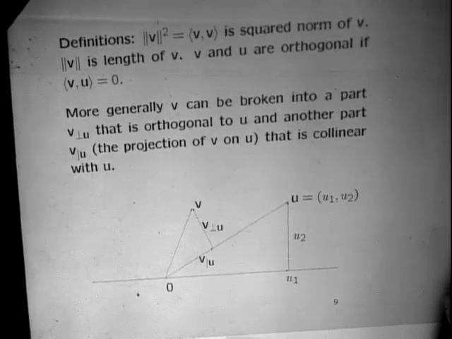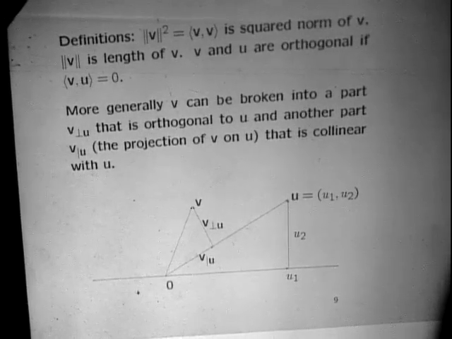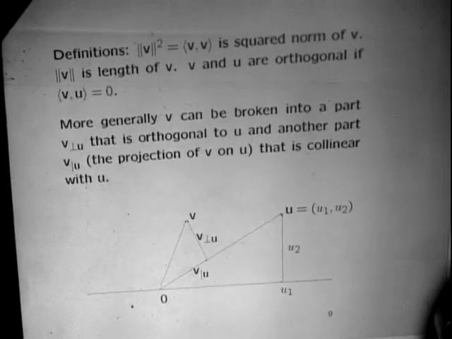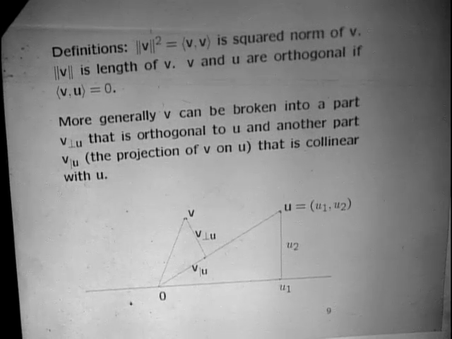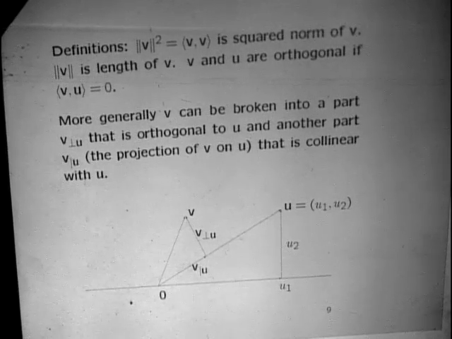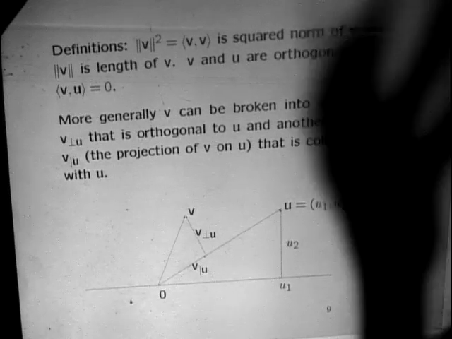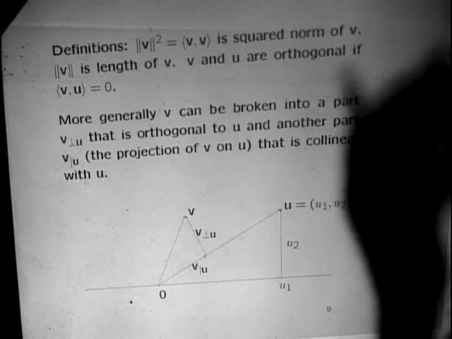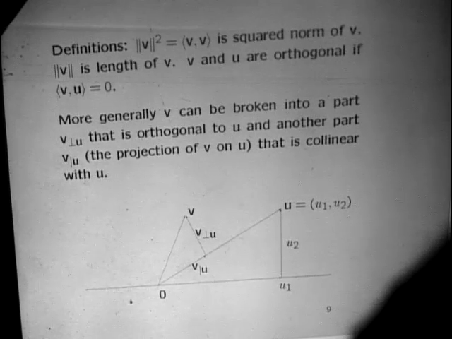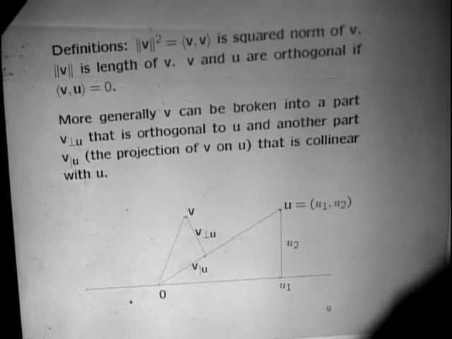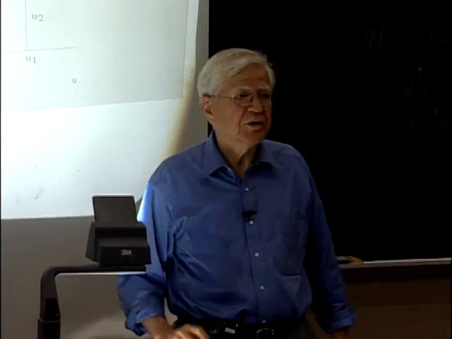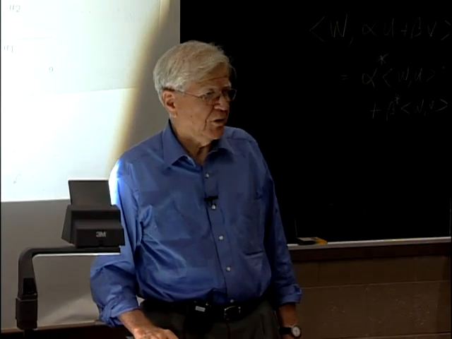And you can always draw a picture of it if you don't mind just drawing the picture for real vectors instead of complex vectors. This is an important idea because what we're going to use it for in a while is to be able to talk about functions, which are these incredibly complicated objects, and we're going to talk about two different functions, and we want to be able to draw a picture in which those two functions are represented just as points in a two-dimensional picture.